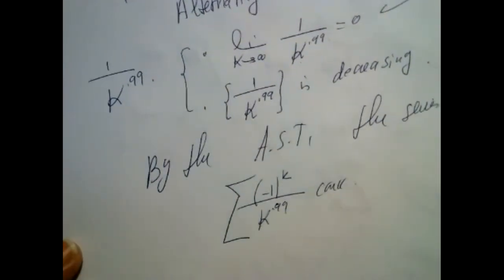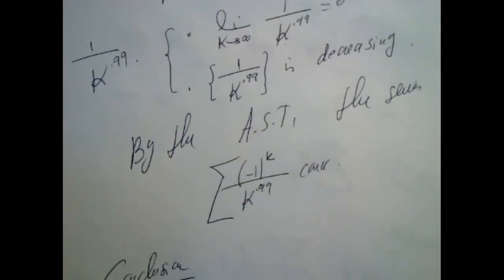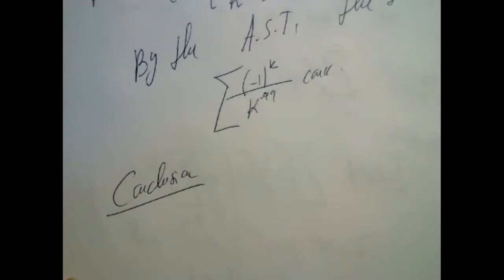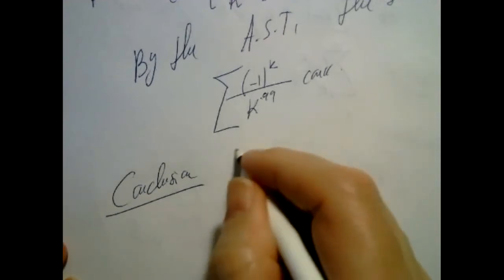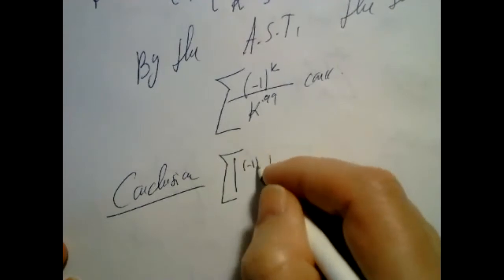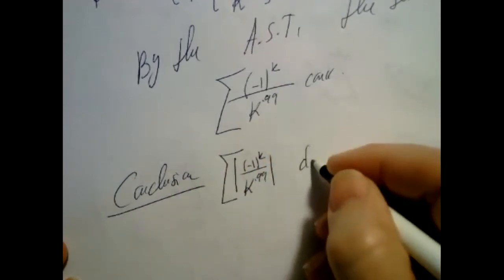So conclusion. What can we say about the series? Applying the absolute value, it diverges. I remove the absolute value, it converges. So what type of convergence do we call that? Conclusion: the series with absolute value diverges.